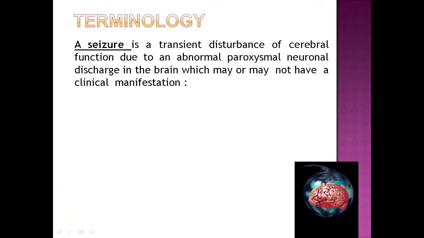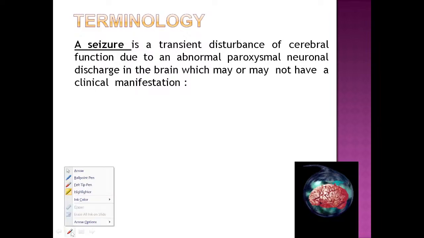So the first thing is, try and define what is seizure. Seizure is a transient disturbance of the cerebral function due to an abnormal paroxysmal neuronal discharge in the brain that may or may not be associated with a clinical manifestation.